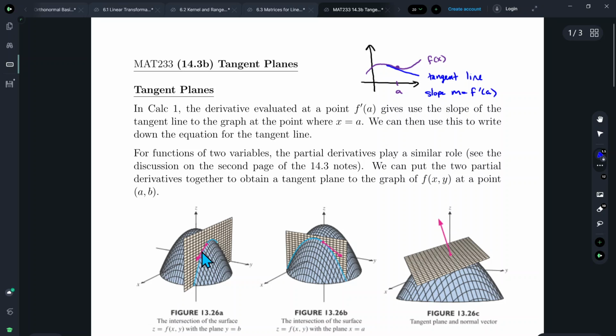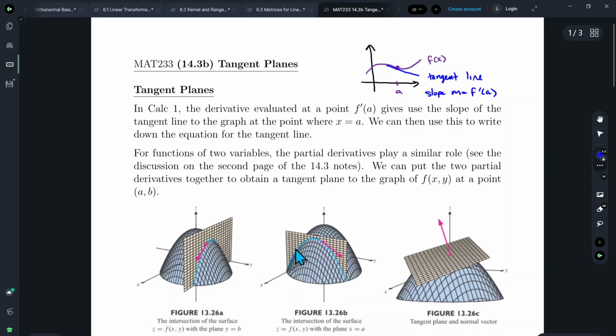You see how this purple arrow is parallel to the x-axis. And similarly, the partial derivative with respect to y tells you the slope in the y direction. So again, this pink arrow is parallel to the y-axis.